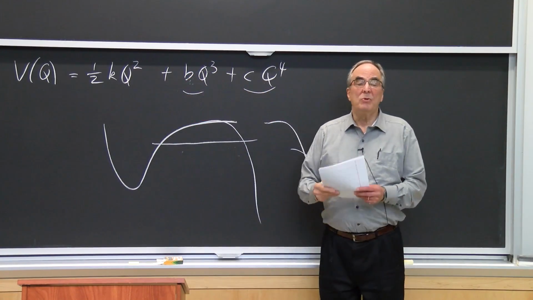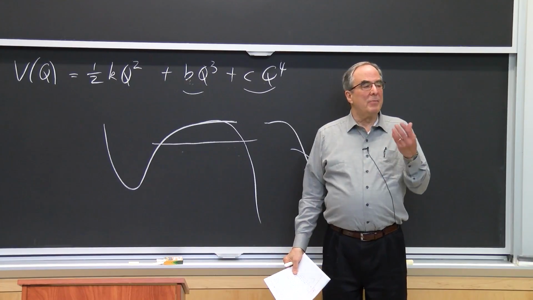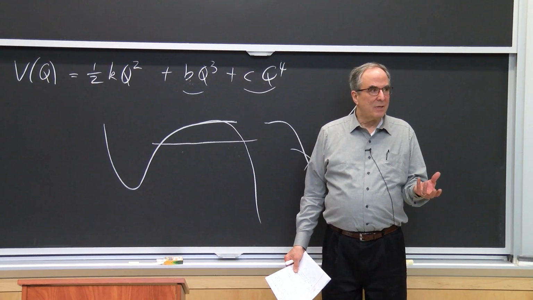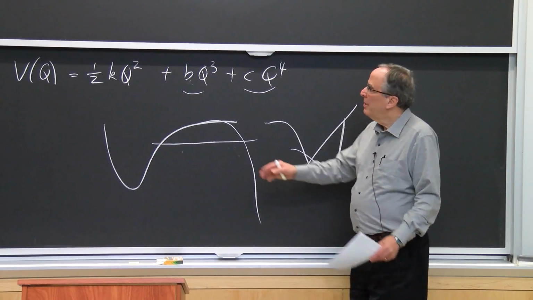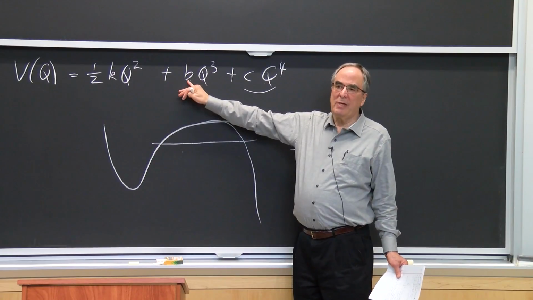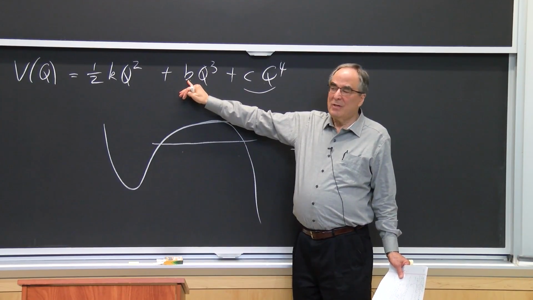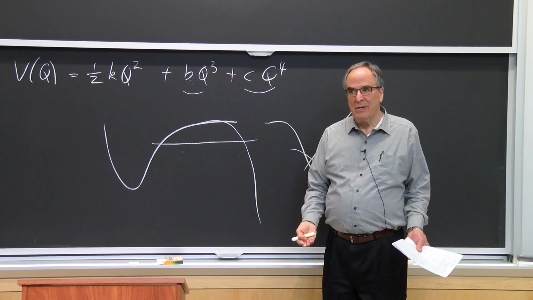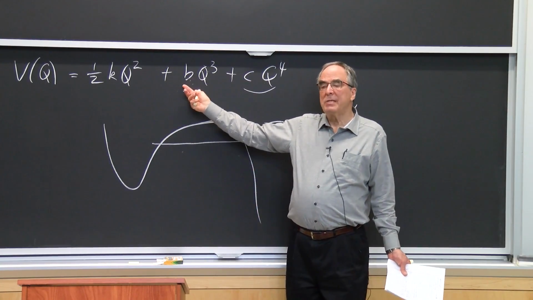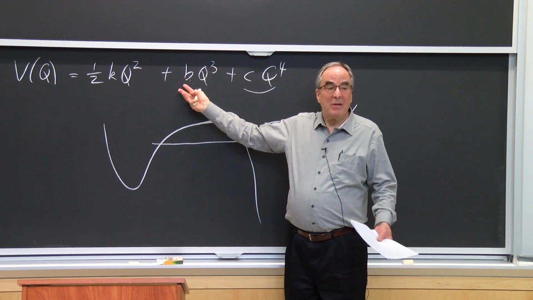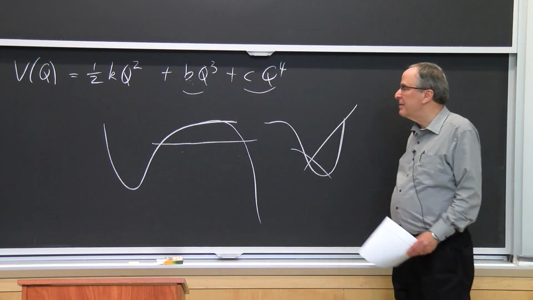Because when you do second order perturbation theory, the matrix element gets squared and the sign information is lost. So there's nothing so far that tells you what the sign of B is. And the energy level pattern that you would obtain from either sign of B would be the same. It's just one of the signs is completely ridiculous.